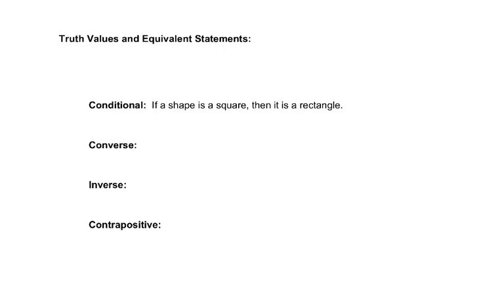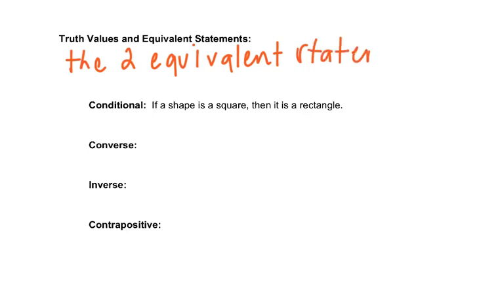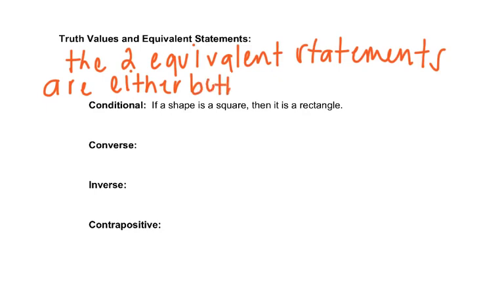So our equivalent statements are either both true or both false. So they will always have the same truth value. We like to call them truth buddies.